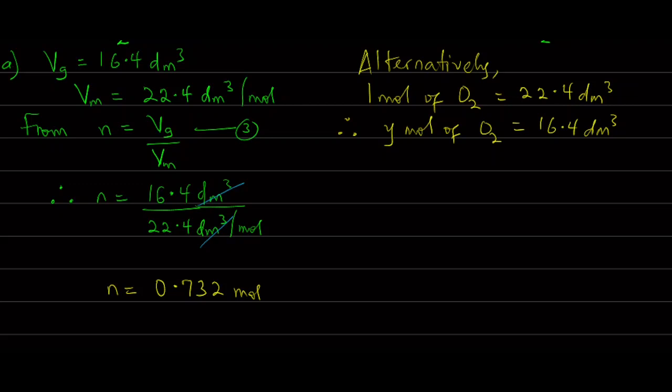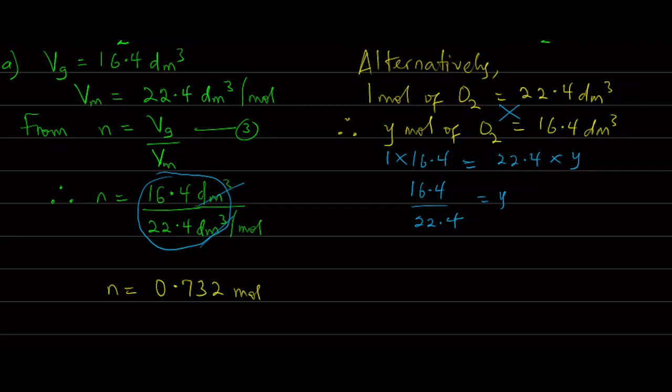So in this case, we can cross multiply by saying 1 times 16.4 equals 22.4 times Y. So when we make Y the subject of the formula, we have to remove 22.4 because it is attached to Y. So divide both sides by 22.4, that gives us 16.4 over 22.4 equals Y. And as you can see, we have returned back to this place. We see 16.4 over 22.4, just like we used in the formula method.